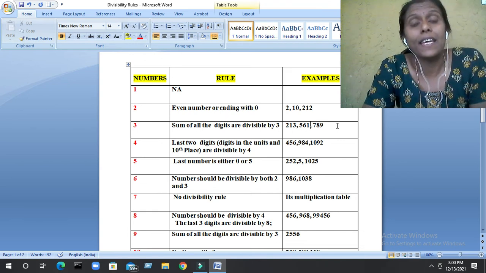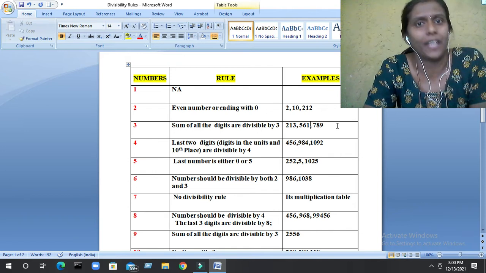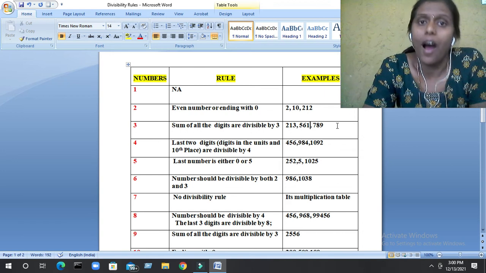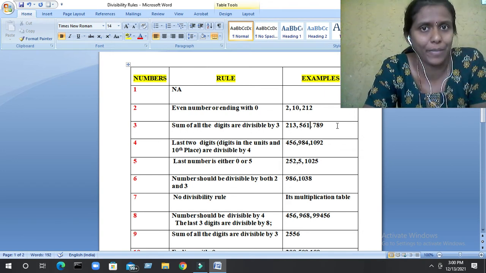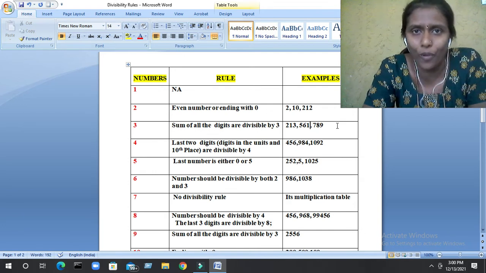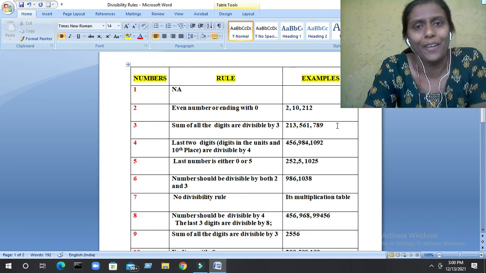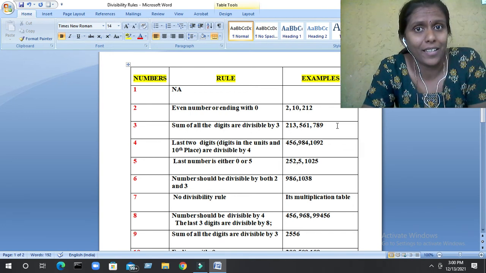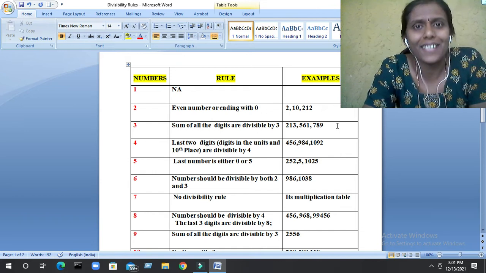We see if these last 2 digits, that is the units place and the tens place, are present in the multiplication table of 4, or are divisible by 4. It means that number is always divisible by 4. If you want me to cross check the fact that I said, let us directly go for the examples here.